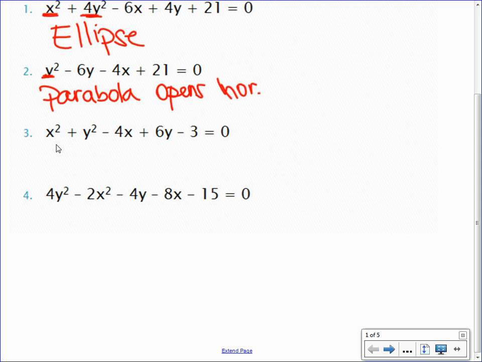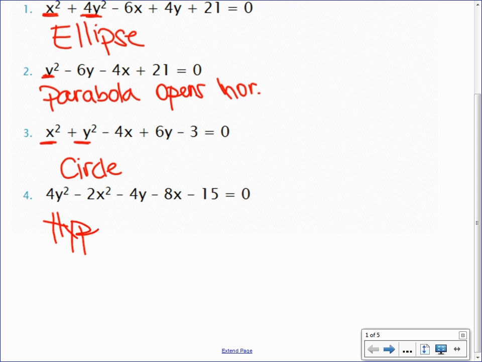Okay, it is an ellipse because we have x squared and y squared, but more specifically, it is a circle because x squared and y squared have the same coefficients. On a quiz or test, if you put ellipse, you will get docked half because specifically it is a circle.